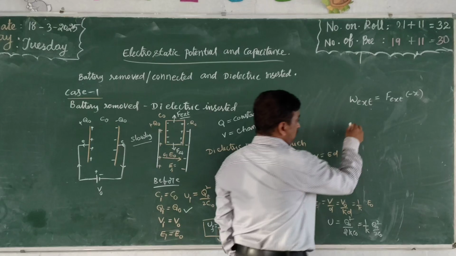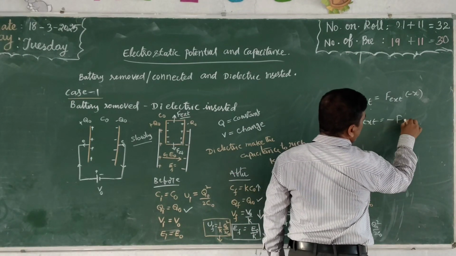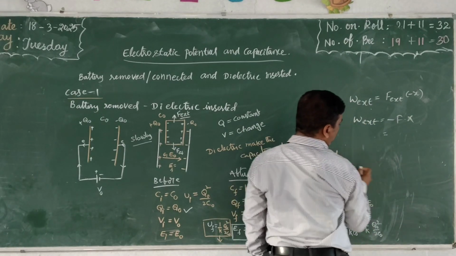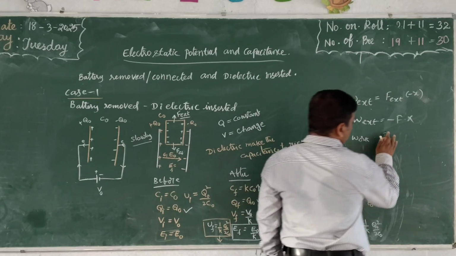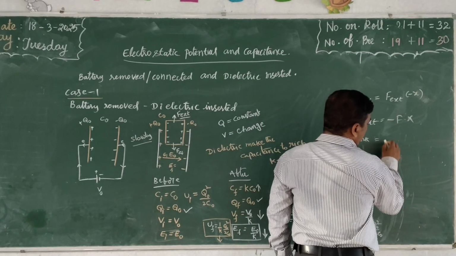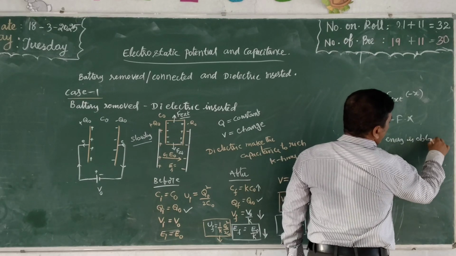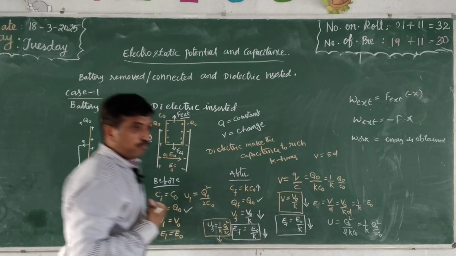So work done by the external agent equals minus of force into displacement. This negative indicates that energy is obtained. So obtained means here energy is gained by us. Why?